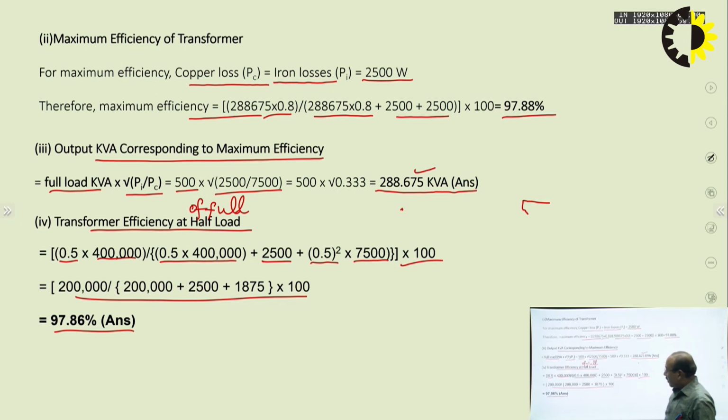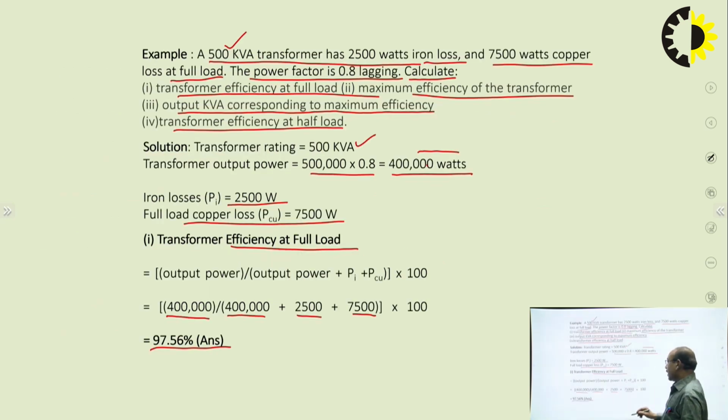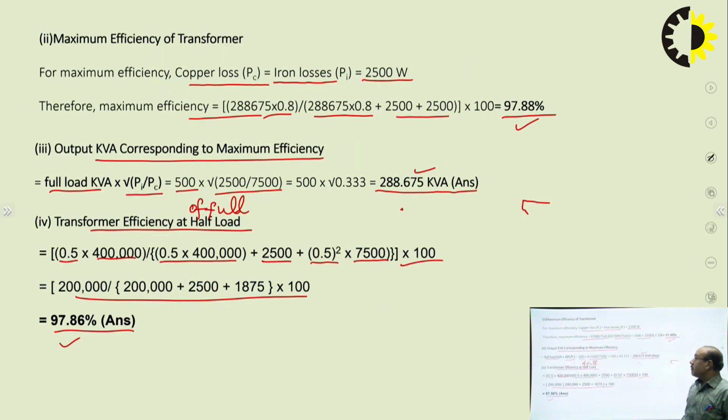So we have found the different cases. Half of full load efficiency is this 97.86%, maximum efficiency 97.88%, and full load efficiency was 97.56%. So that way we can calculate losses in the transformer and efficiency of the transformer.